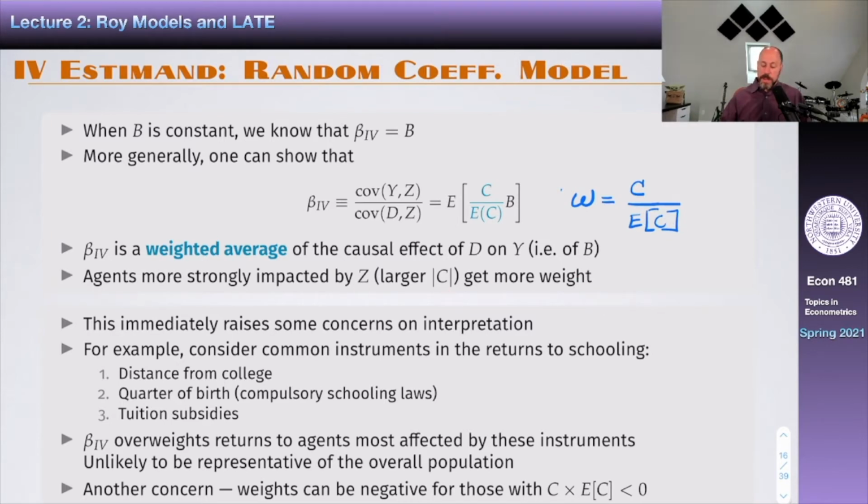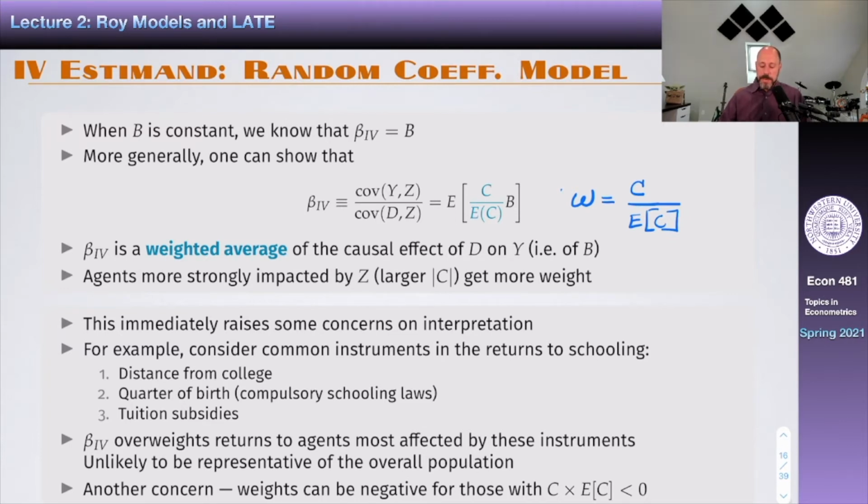Z and C, I'm sorry that I say these two letters so similarly. This is Z, this is C. So the higher the C, the more weight you put on that particular individual. Okay. And then if you ask me, why is that reasonable? Well, we're not talking about reasonability here. We're just talking about what it is. This is exactly what the IV estimate is giving.